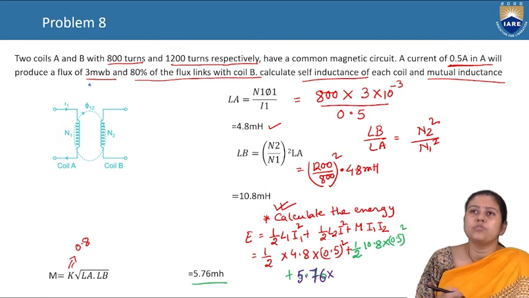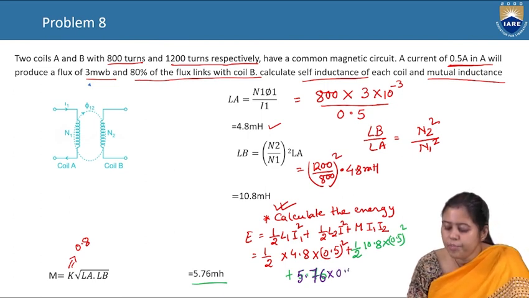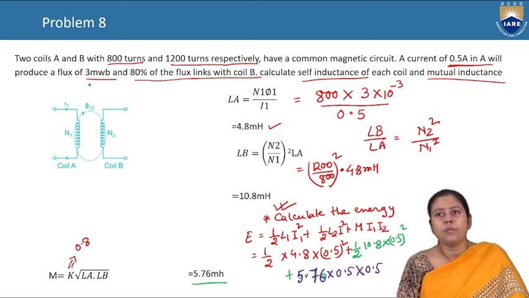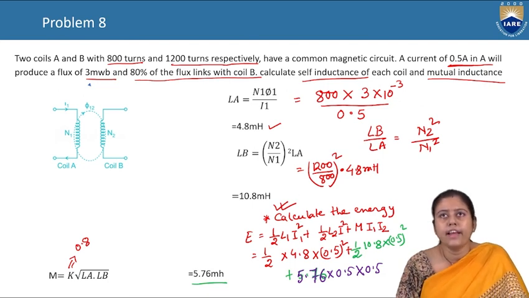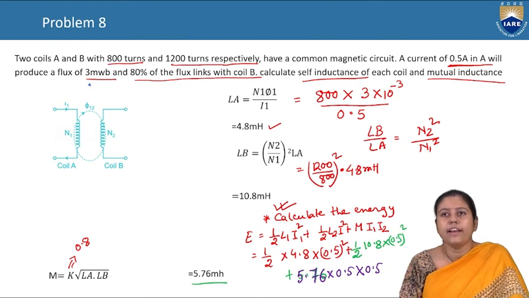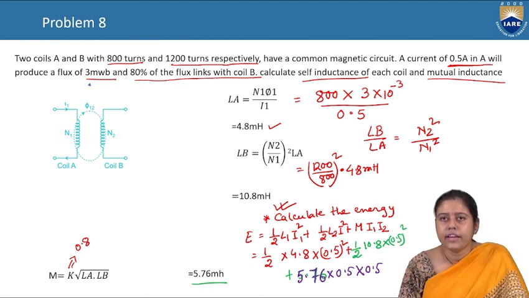In both cases we are taking 0.5 into 0.5. So if we solve this, we can get the total energy.